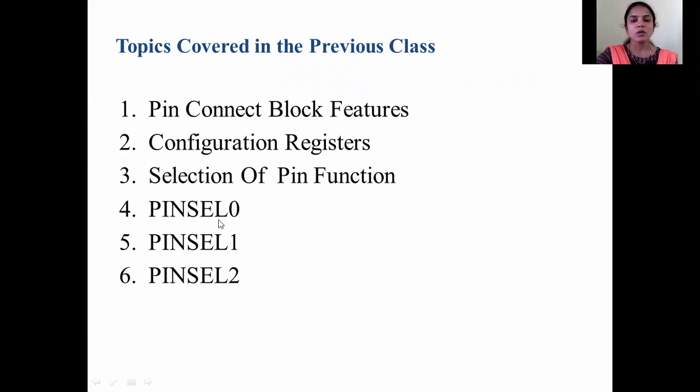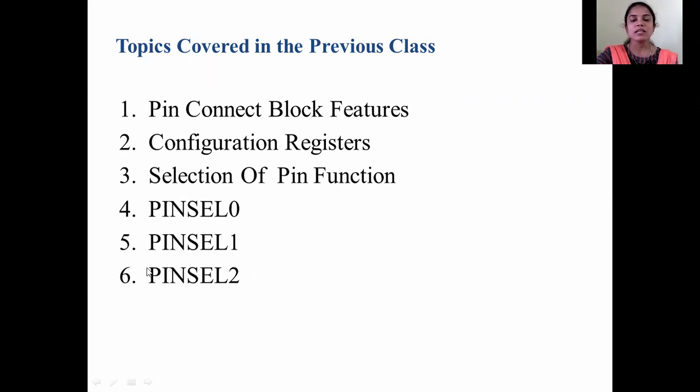Pin select 0 and pin select 1 are used to control port 0 pins, that is from port 0.0 to port 0.31. Out of 32 pins, the first 16 pins are controlled by the pin select 0 register and the remaining 16 pins are controlled by the pin select 1 register.